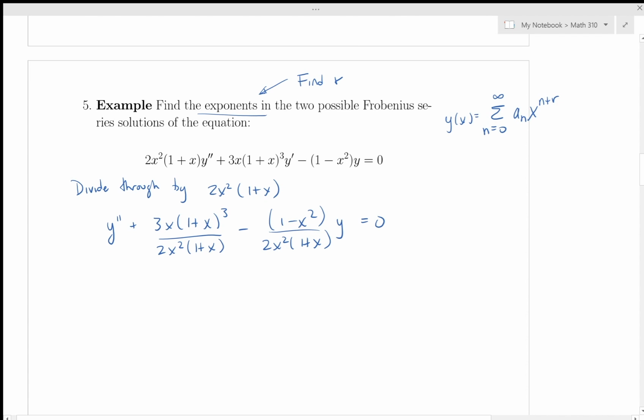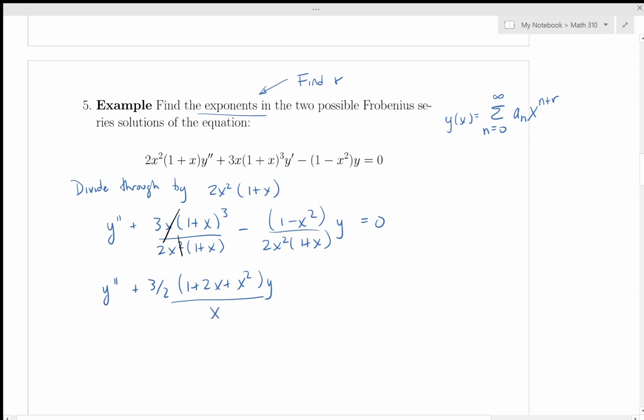Then I will rewrite this in the following manner: y double prime plus 3 halves, canceling one of these x's, (1 plus 2x plus x squared) y prime all divided by x.